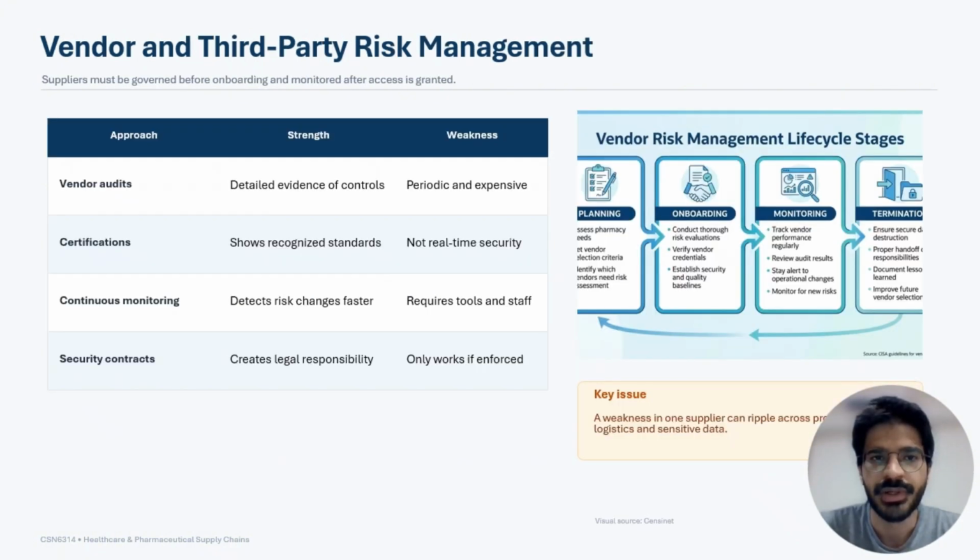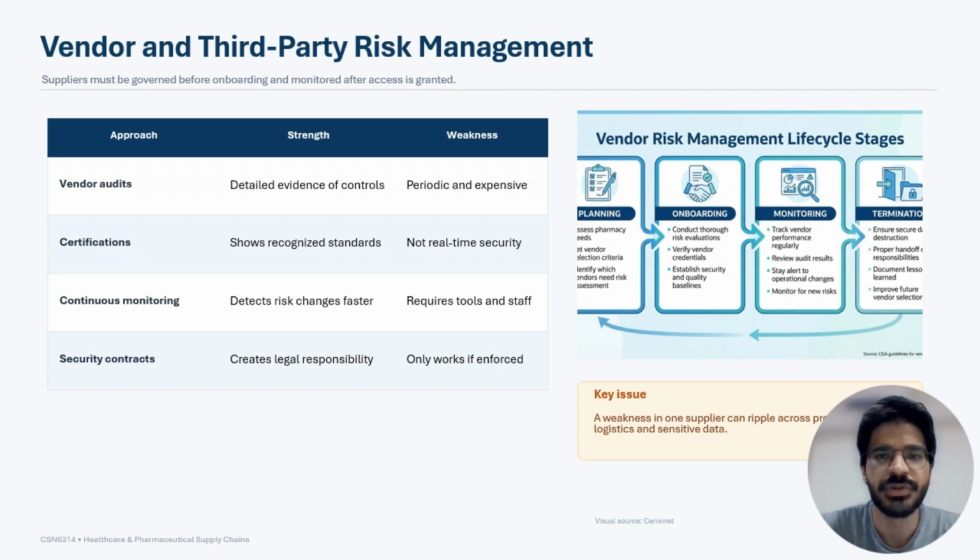For vendor and third-party risk management, I compared 4 approaches. Vendor audits provide detailed evidence of supplier security controls, but they can be expensive and only periodic. Certification shows that vendors follow recognized security standards, but it does not guarantee real-time security.